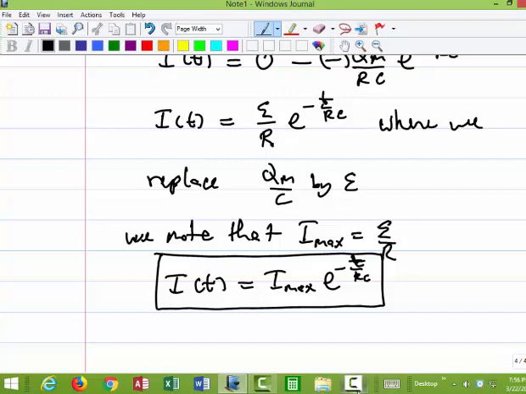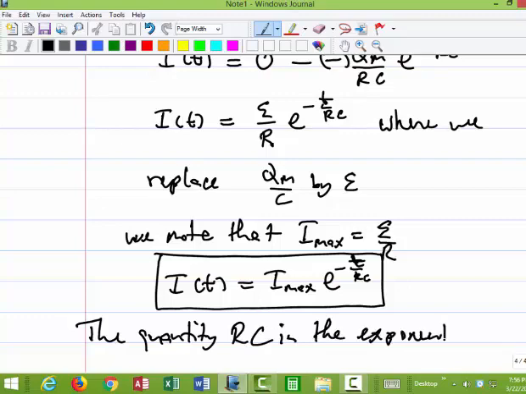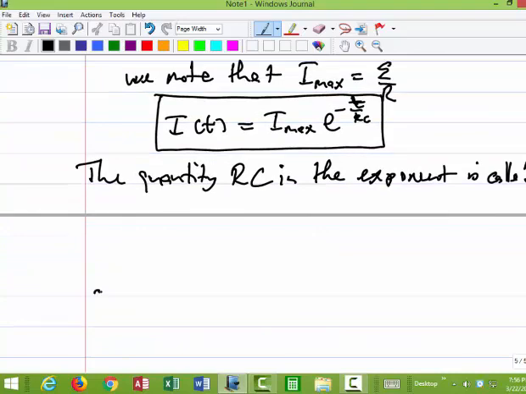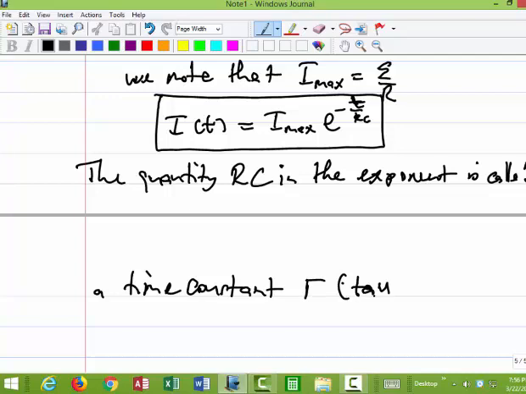For the RC circuit, the quantity RC in the exponent is called the time constant. The time constant is tau, the Greek letter tau.